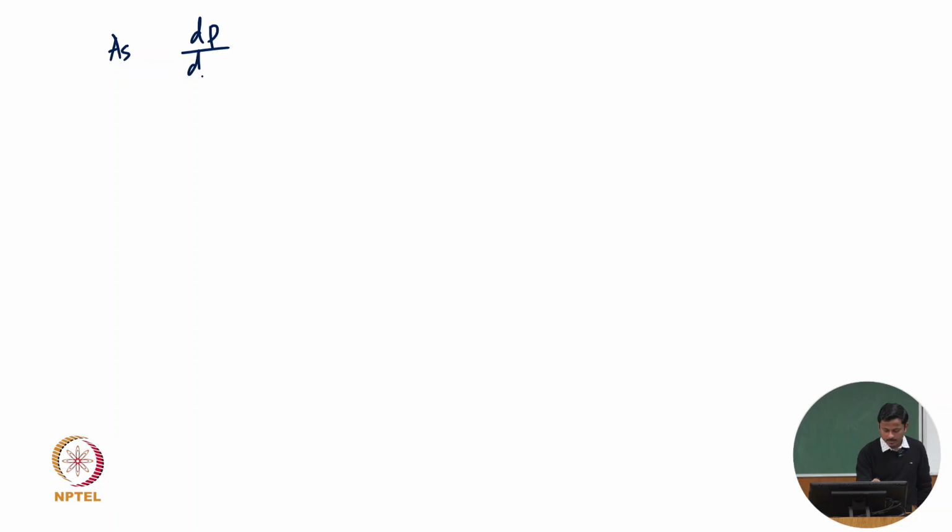As dp by dz is equal to minus rho g, this is the hydrostatic balance.